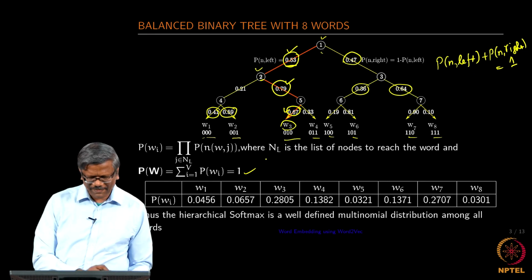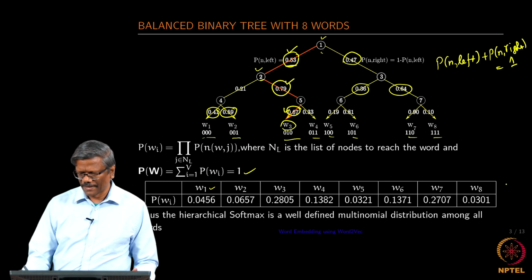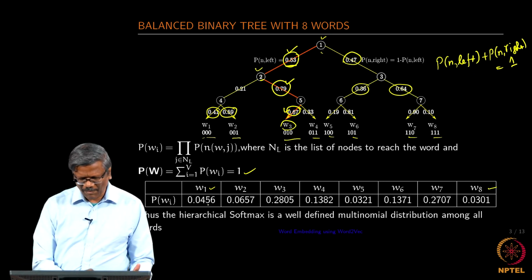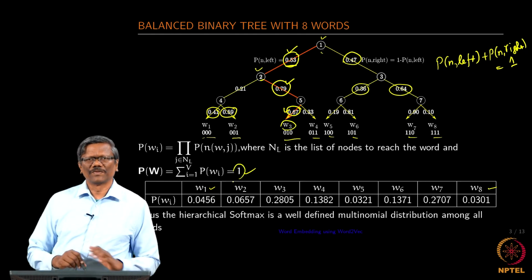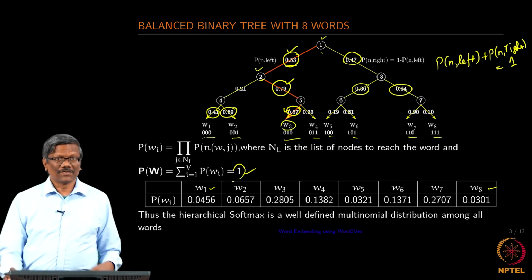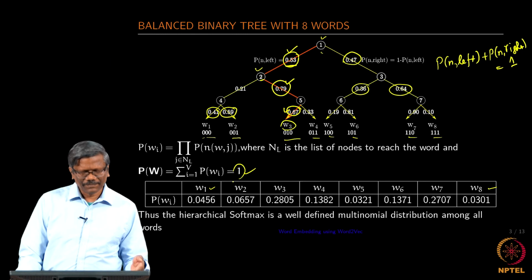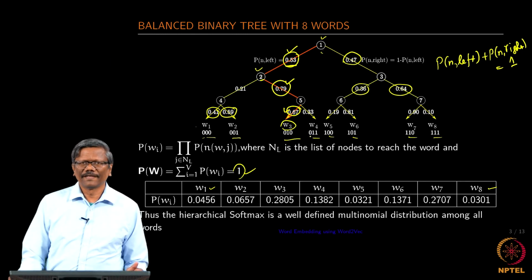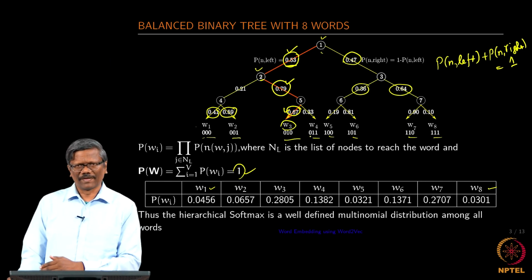Okay. So, in this case I have just listed in this table the values of W1, W2 up to W8 here, and you can actually sum all of these and find out whether it really gets to that level. And really it gets to that level. So, that means it is practically now shown that this layer at the bottom contains the normalized probability of all the words in the vocabulary.